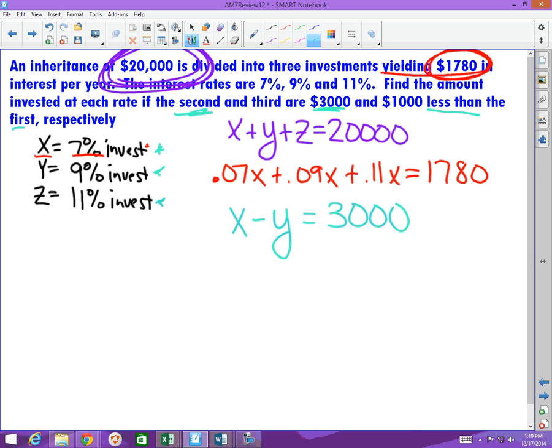And the other one is the third is 1,000 less than the first. Now it's not X minus Y, this one is X minus Z, equals 1,000.